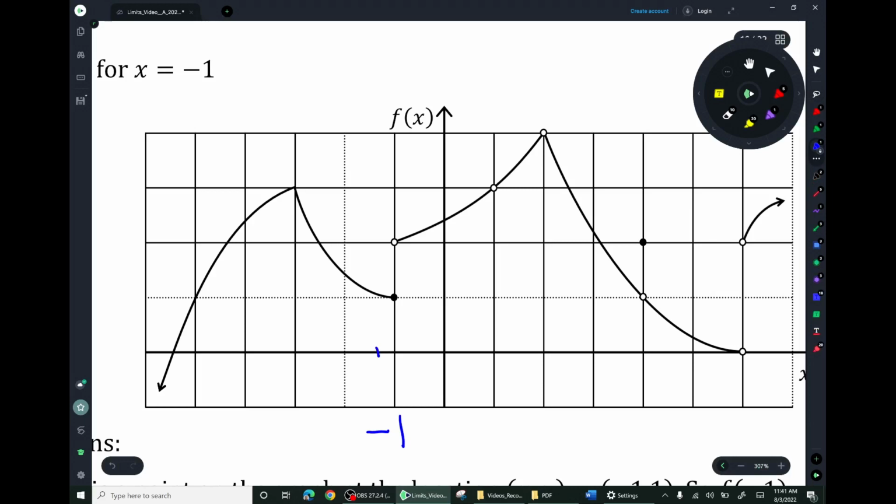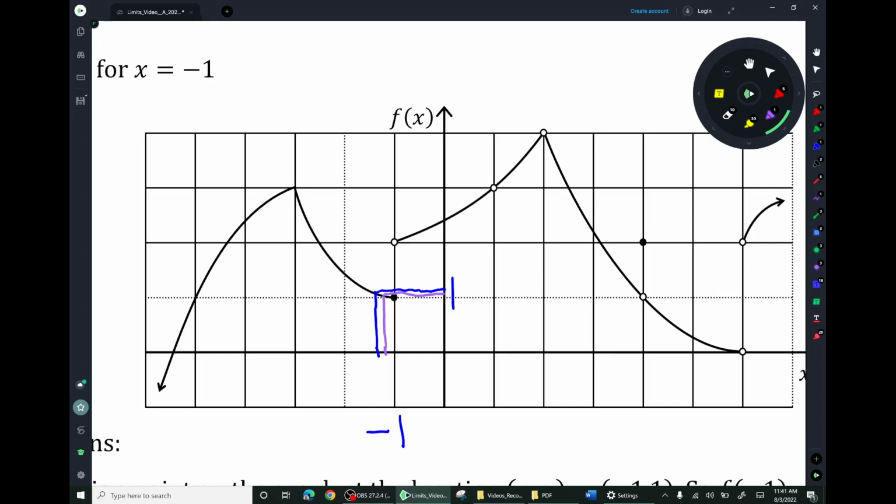That's close to -1 but not equal to -1. We see what y value results from that x value. We see that the y value comes out here, close to the number 1. Let's choose an x value even closer to -1, for instance, this purple one, and see what y value results from that. We see that the y value comes out even closer to 1. So it seems like the y values are getting closer to 1.